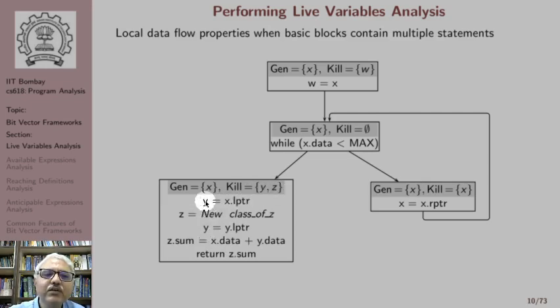In fact, there are 2 assignments to y and there is an assignment to z, and the liveness of x is generated because this is the use of x that is not preceded by a definition of x. Note that this use of y is preceded by a definition of y. Similarly, this use of z, although z is read here, is preceded by a definition of z.